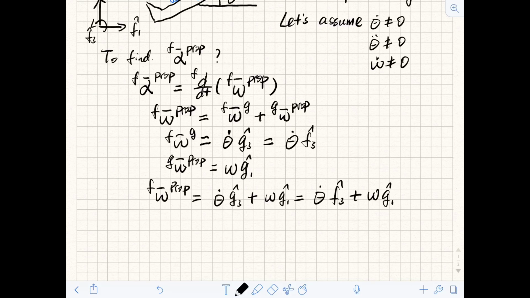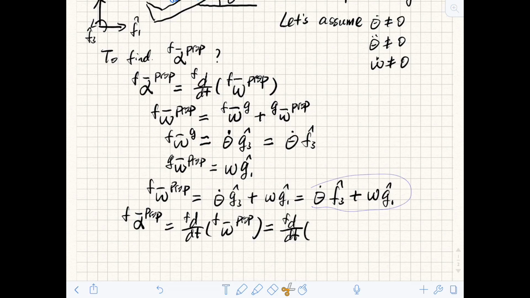Now let's take the derivative and find the angular acceleration of the propeller in the F frame. So we replace the angular velocity of the propeller with the expression we just found, either the theta dot F3 or the theta dot G3 plus the omega G1 term.